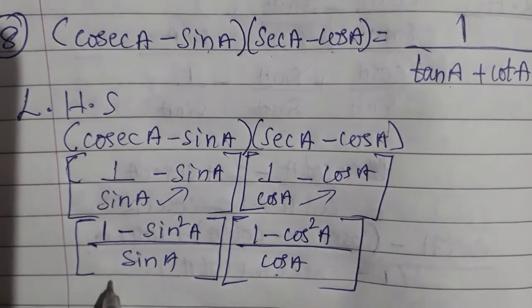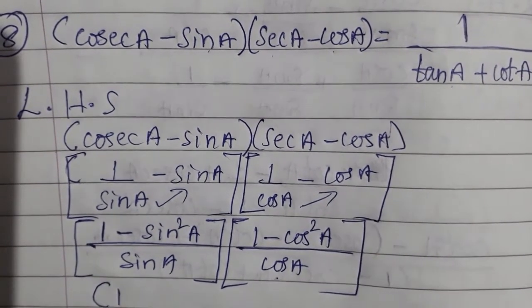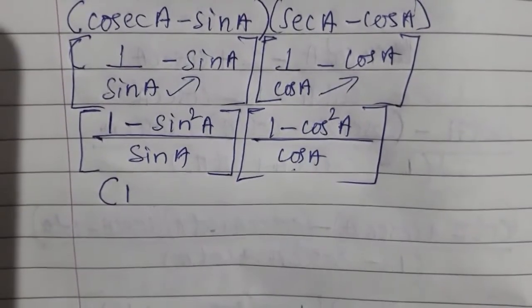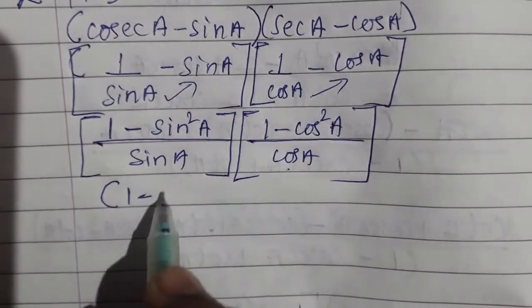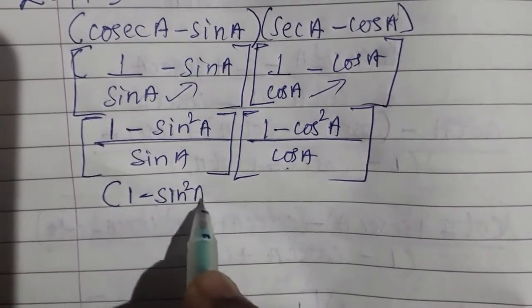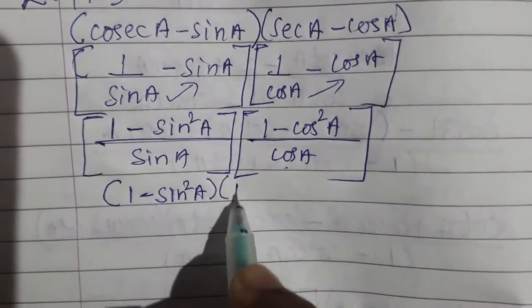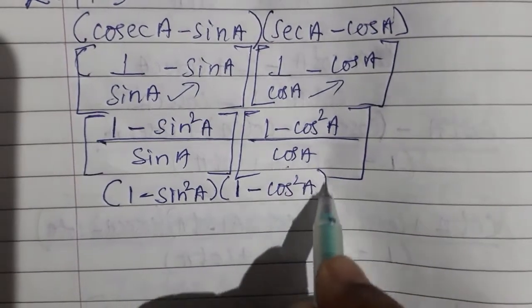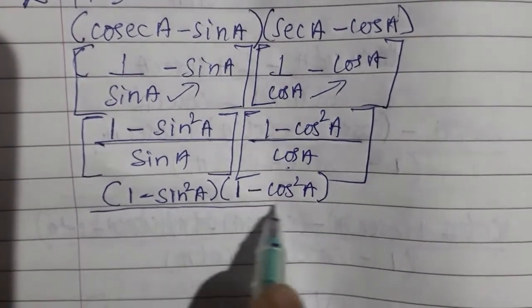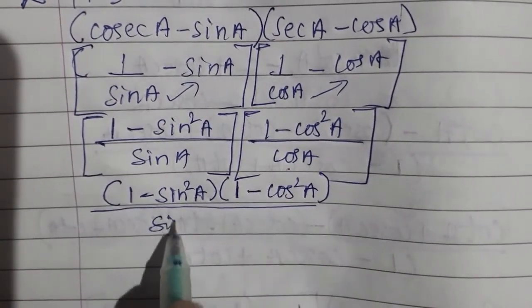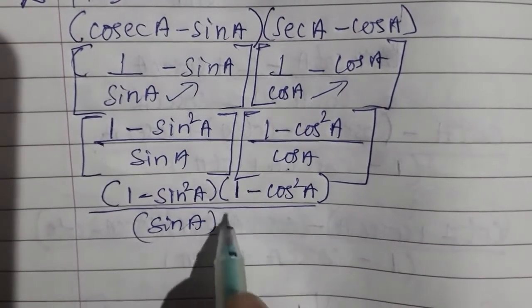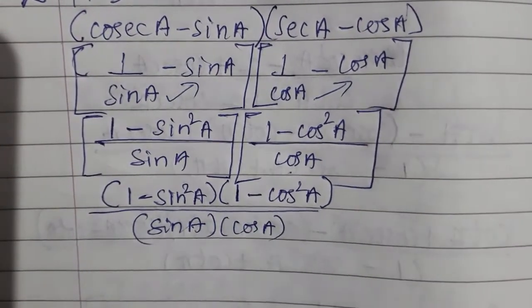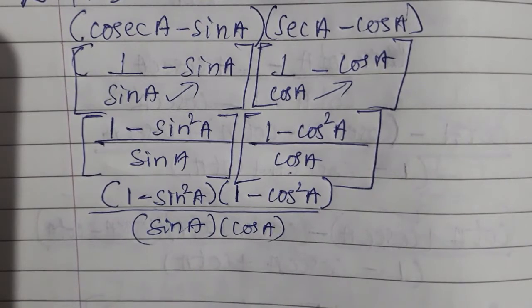If I multiply the numerators, I get 1 minus sin square A into 1 minus cos square A, close the bracket. In the denominator, I will get sin A into cos A.